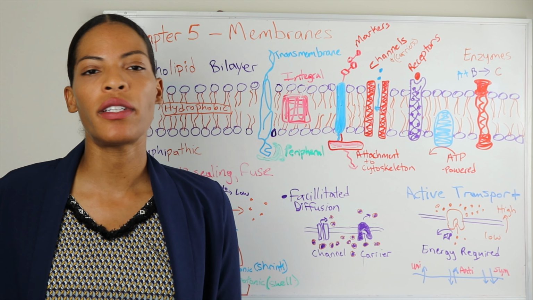And so in order for your cell to communicate with the outside of the cell and the outside to communicate with the inside, it has to first pass through the cell membrane because that's the barrier point. And so there are a lot of different types of proteins that are found in the cell membrane that help with protecting the cell as well as communication as well as different reactions that take place.